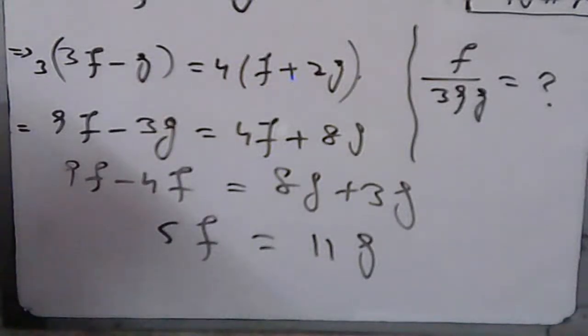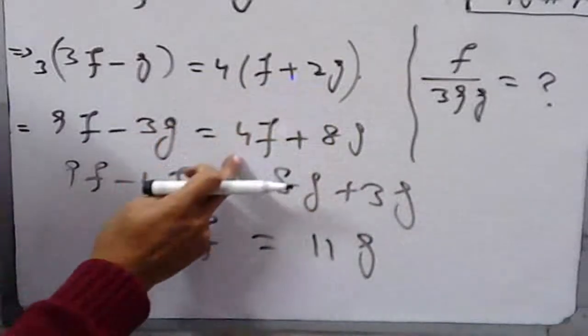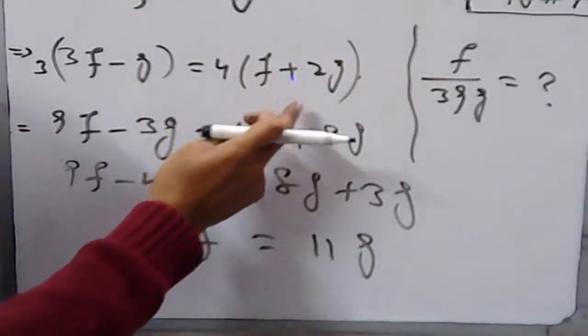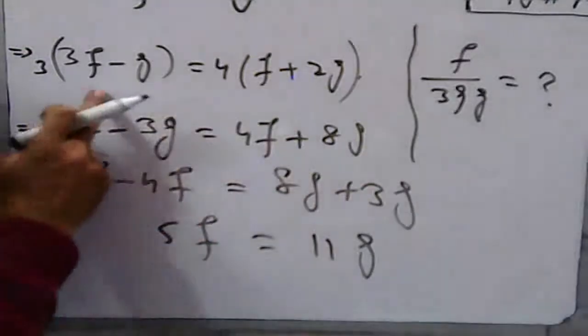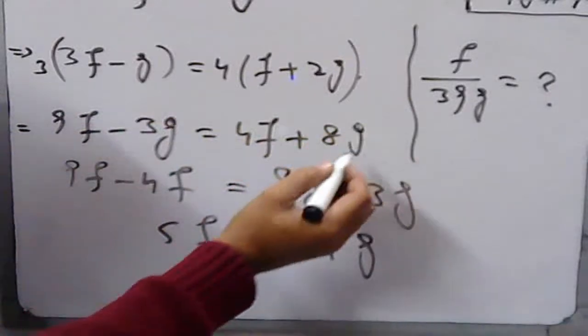You can see here we have to simplify it like this: 4 twos are 8, so 4g plus... f plus 2g. So once again you have to be a little bit careful, because each and every step should be rechecked.